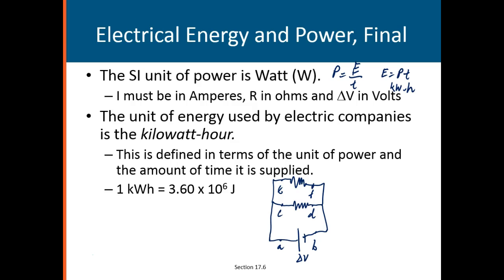Oh, I got what they're saying. This is a 60-watt bulb, and this is a 30-watt bulb. Most of the time with resistors, you don't list it as watts. You list it as ohms. But if you're talking about light bulbs, then that would be okay.